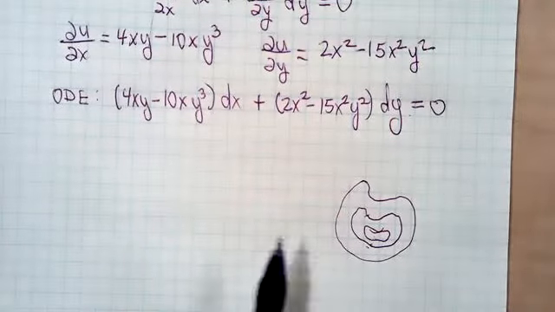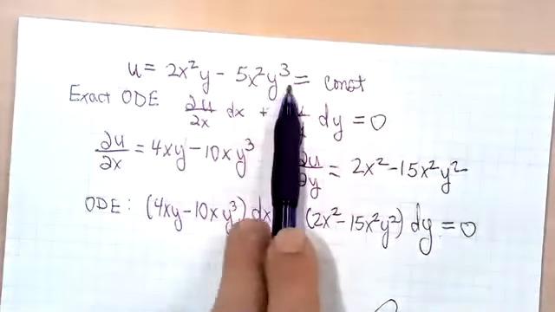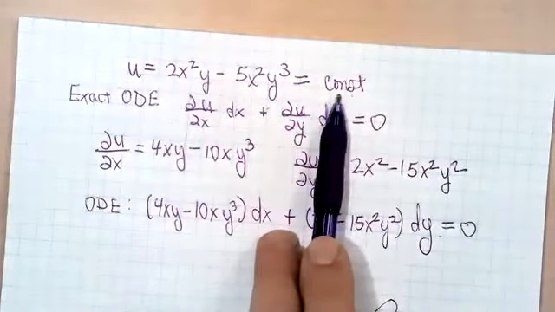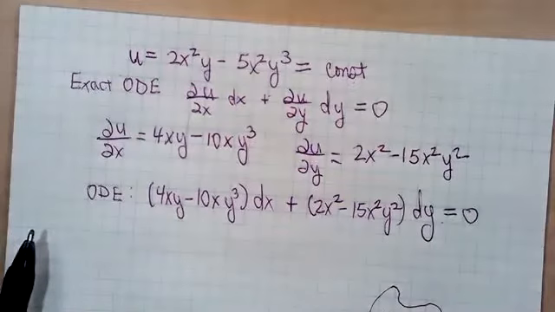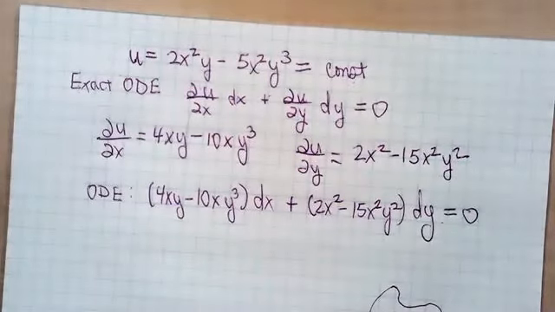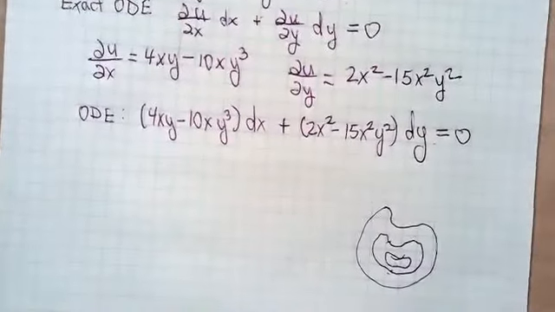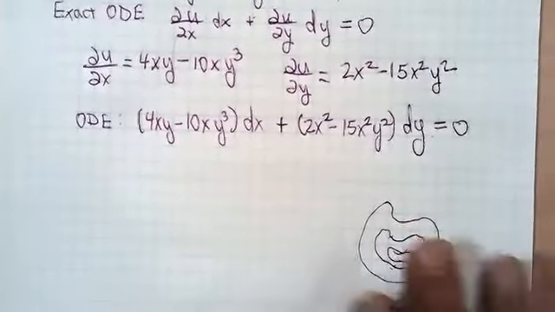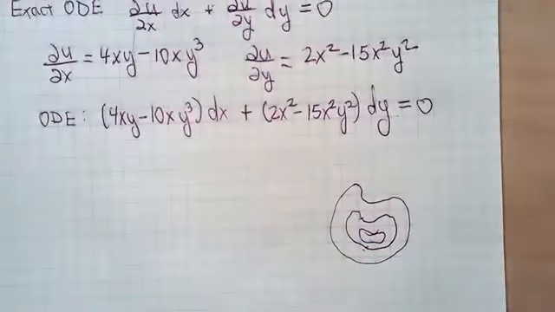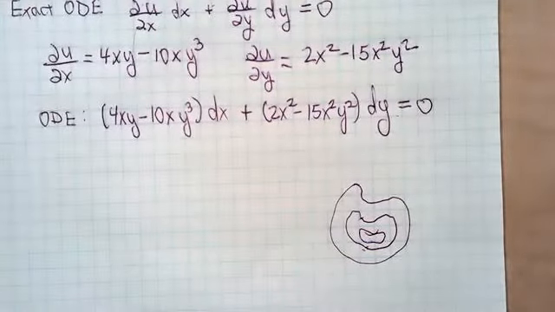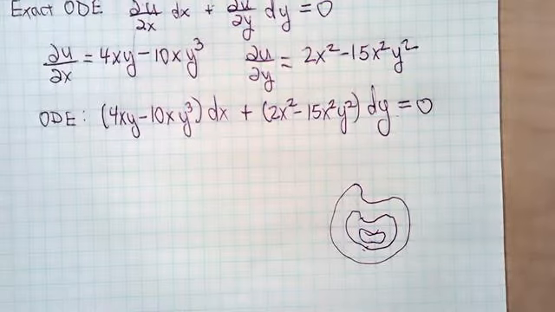So just because this is variable over here doesn't mean that this is completely impossible. If there is a solution, it would be a curve along that surface somewhere, and all the points would be at some fixed height. Okay, so that is an exact differential equation. Now, why would you care if the differential equation you were looking at were exact?